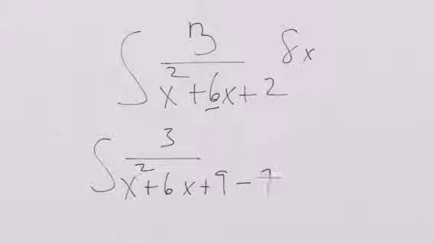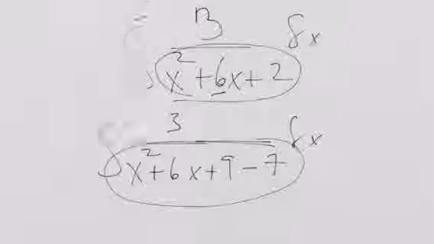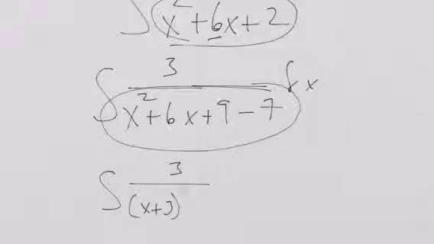But then I'd have to subtract 7 to make this equivalent to this. So this I would rewrite and say is 3 over x plus 3 squared minus 7. Which we would have to manipulate a little bit more to get in that form of x squared plus 1.